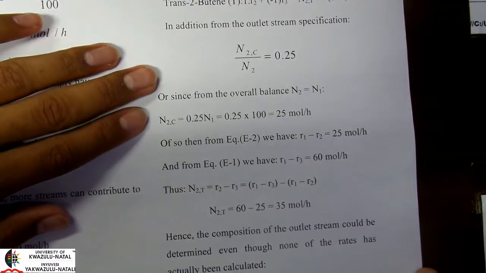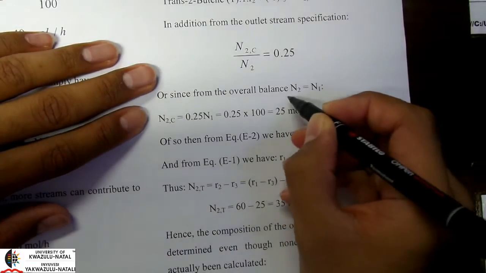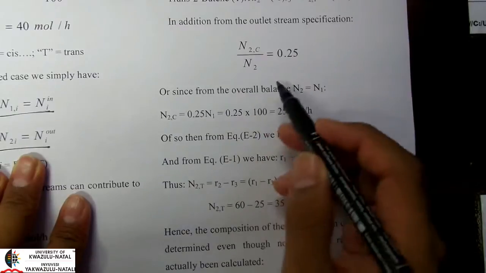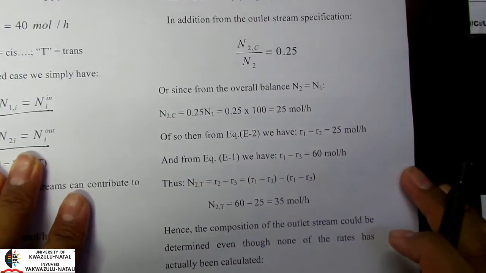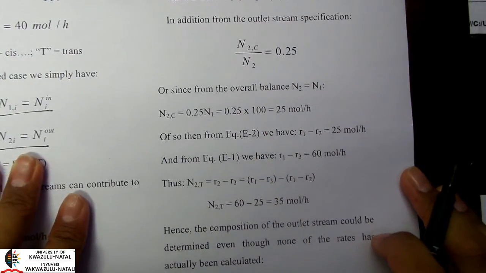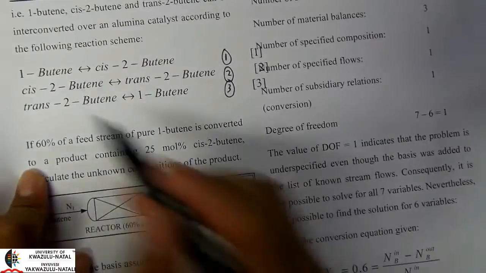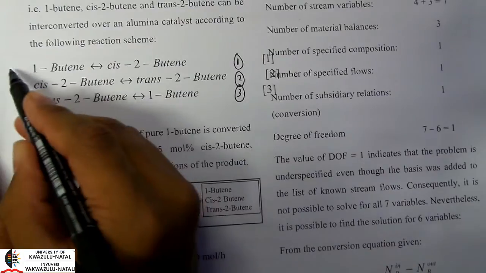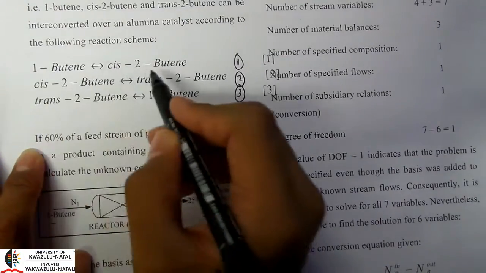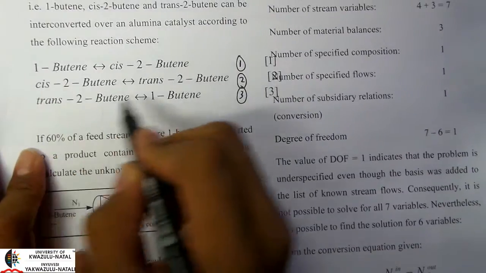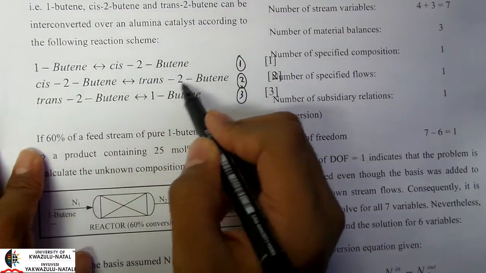Now we can use this, and remember that even though our species are changing, they are being converted to different species, we have a 1:1 ratio on either side. So we have 1 mole becoming 1 mole of cis-2-butene, 1 mole of cis-2-butene becoming 1 mole of trans-2-butene.